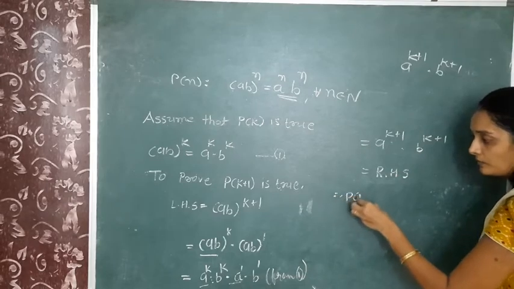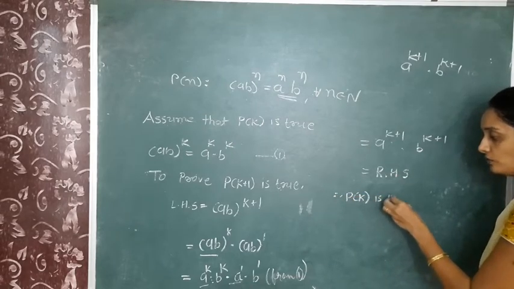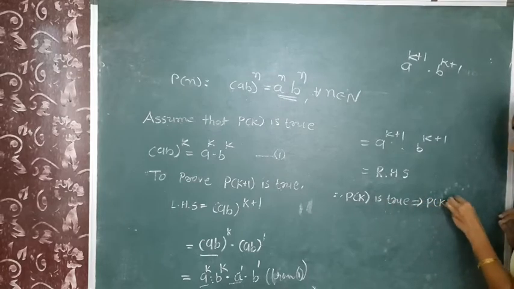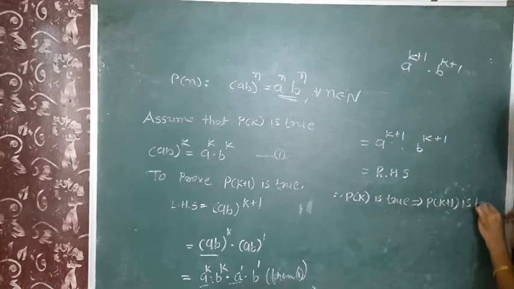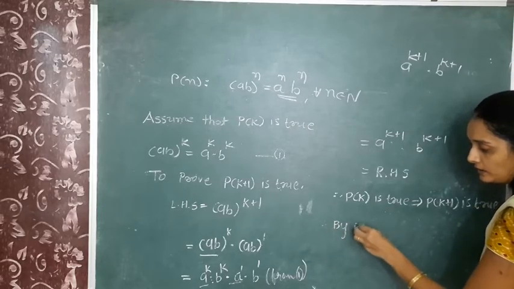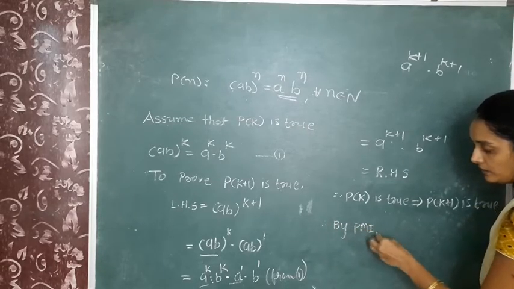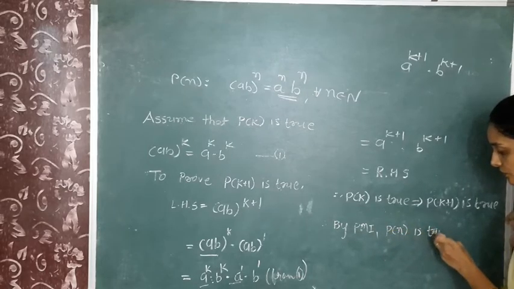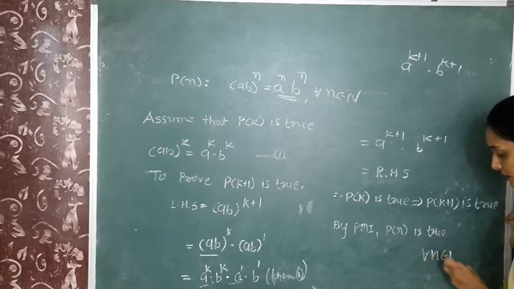Therefore P of k is true implies P of k plus 1 is true, and therefore by PMI the given statement is true for every natural number.